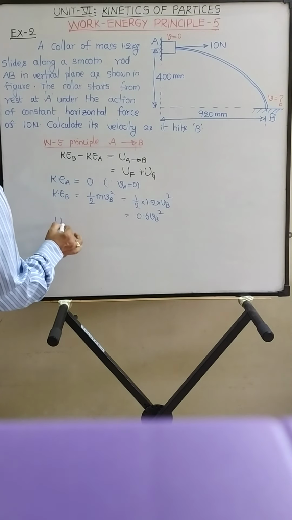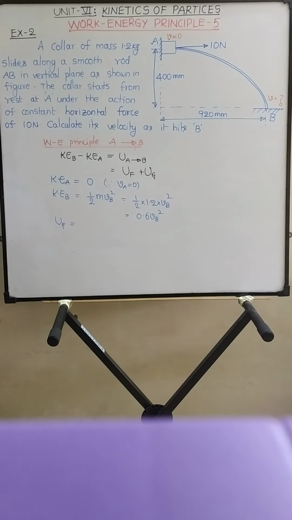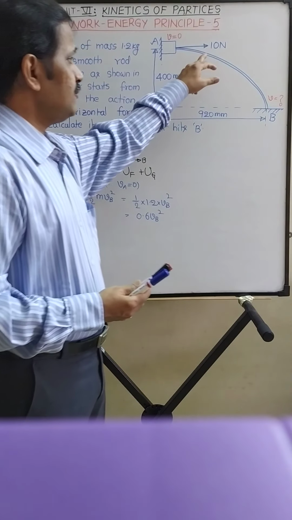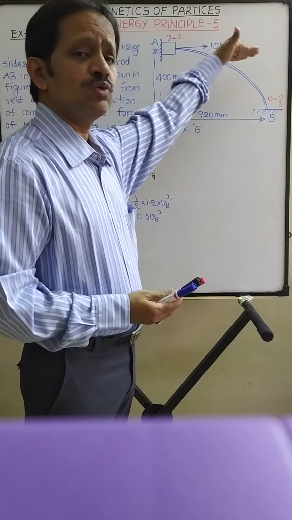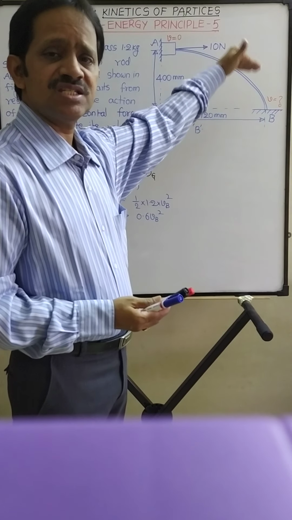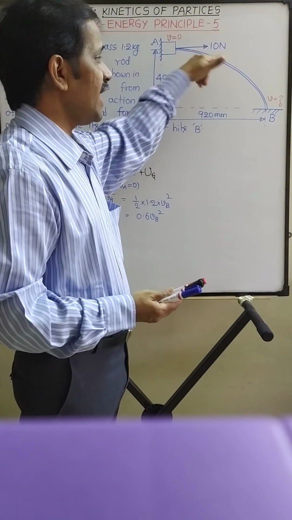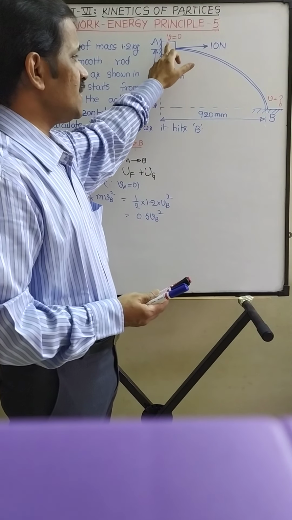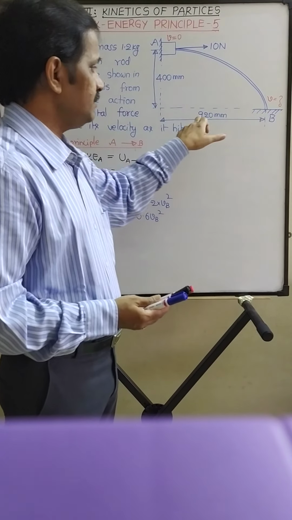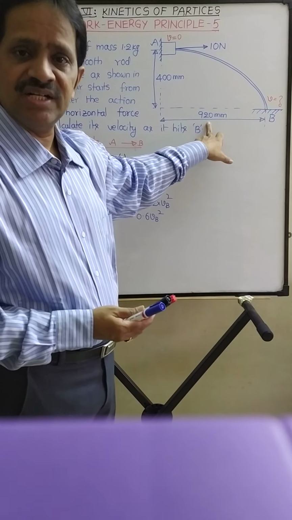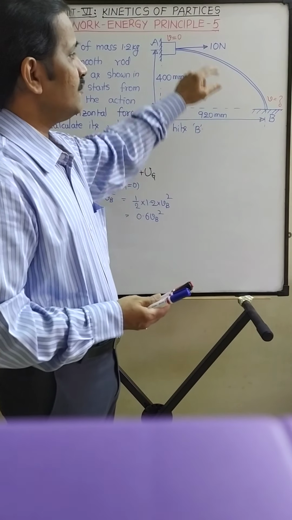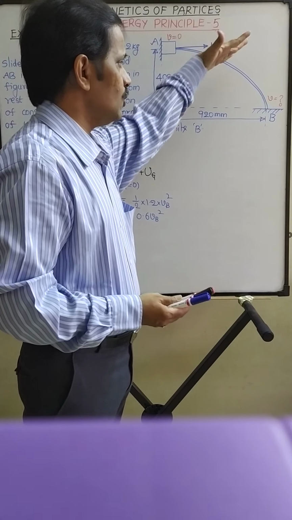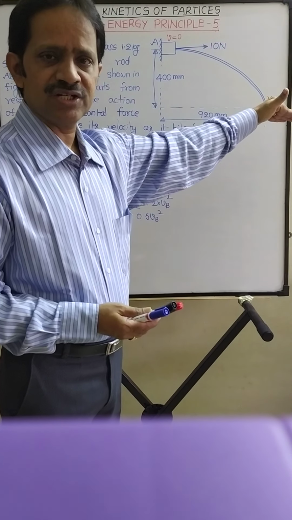Now work done by the applied force. Applied force is acting horizontally towards right, 10 Newton, and it is a constant force. All the time it will act horizontally towards right. And what is the horizontal displacement of the collar from A to B? It is 920 millimeters. Right? So work done by the applied force is equal to force into displacement in the direction of force.